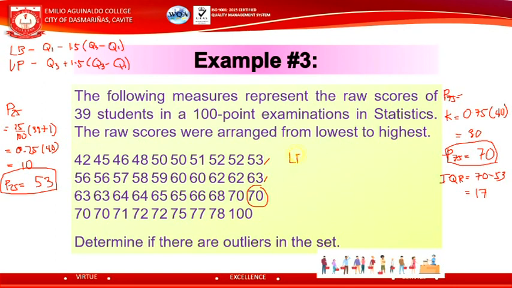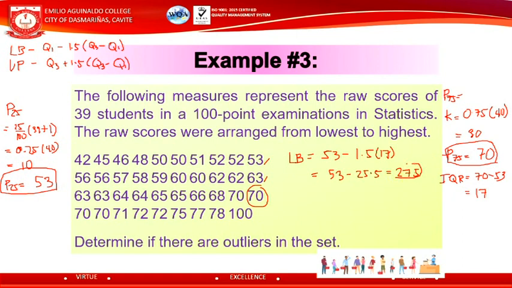For the lower boundary, we have the first quartile, which is 53, minus 1.5 of our IQR, which is 17. If we solve this all together, it will give us 53 minus 25.5, and this will give us 27.5.